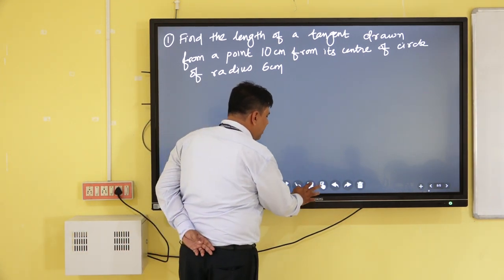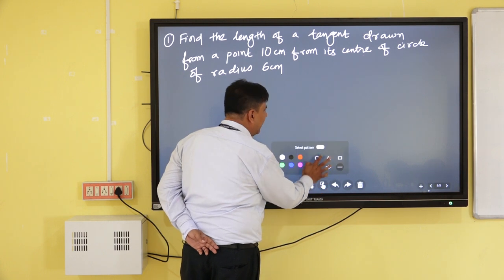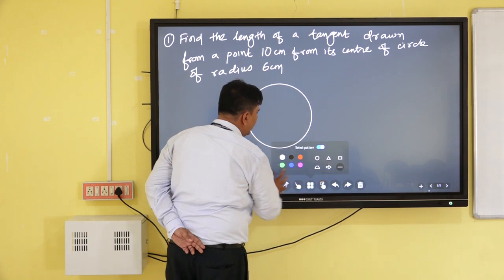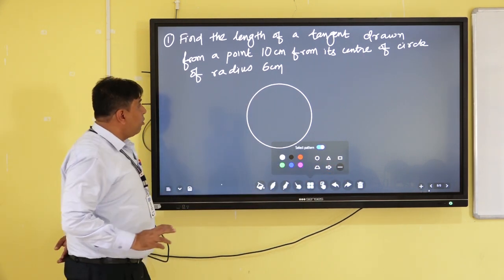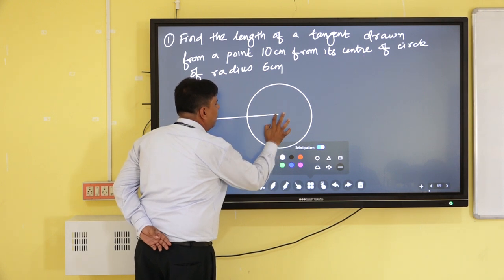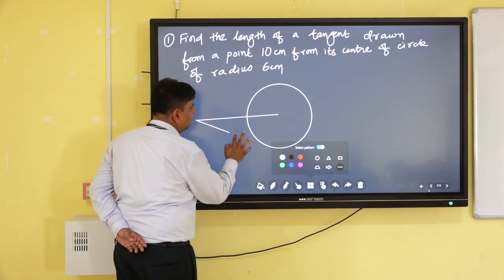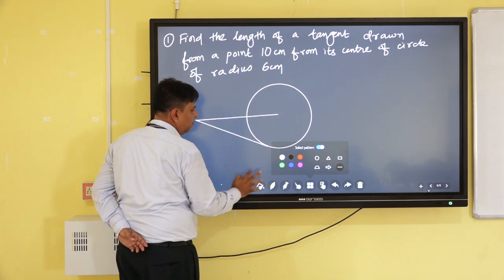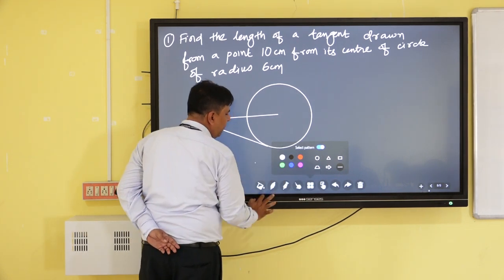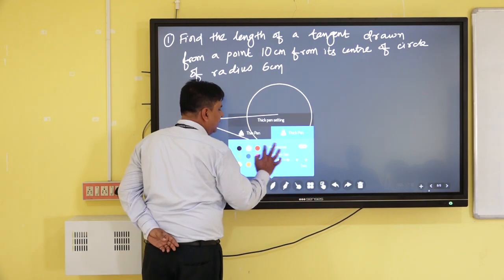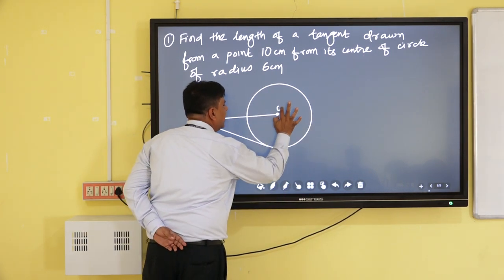There is a circle of radius 6 centimeter, and I have to draw a tangent from an external point whose distance from the center is 10 centimeter. Suppose this is the center of this circle.